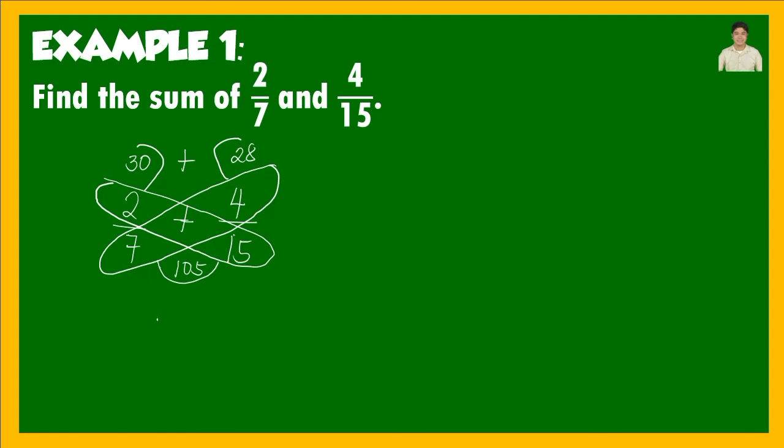Finally, i-add natin yung dalawang numbers dun sa antenna, yung mga nasa taas. So, 30 plus 28 over 105. So, 30 plus 28, we have 58 over 105.